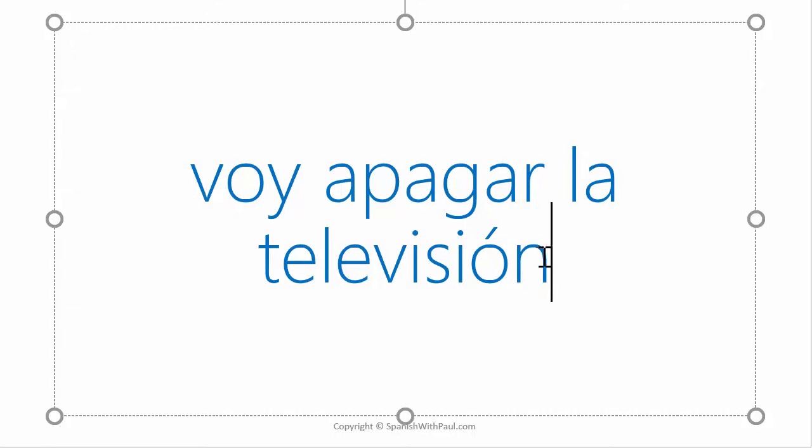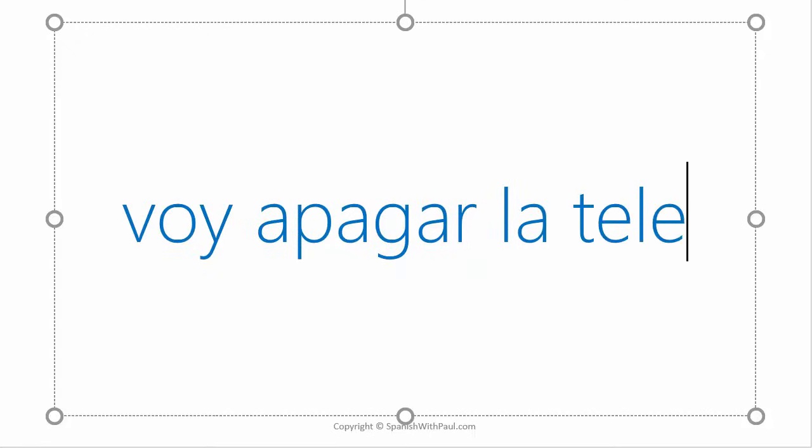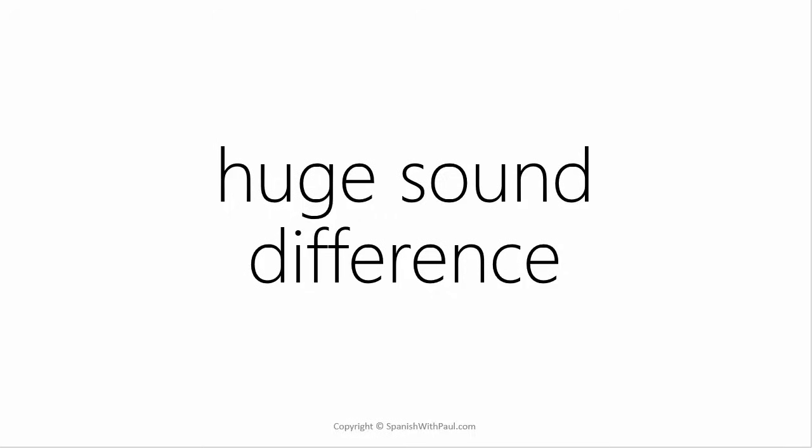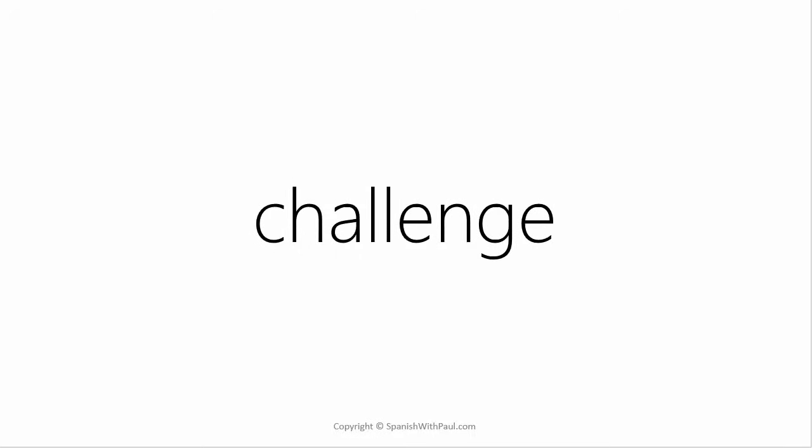And then, as we know, la televisión, I very rarely hear that. Almost always I hear it shortened to la tele. So instead of voy a apagar la televisión, what you hear instead is voy a apagar la tele, which is a huge sound difference. And this is why it can be so challenging at times to understand native speakers.